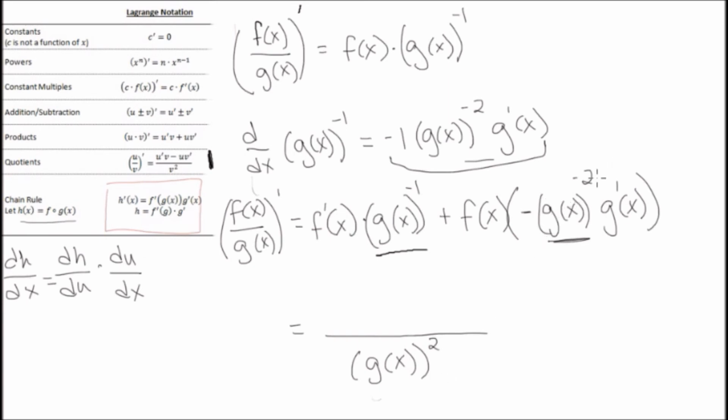Well, on the second term, it just cancels out, and we're left with negative f of x g prime of x. With the first term, I have to multiply this by another g of x. So I get f prime of x times g of x. And notice that if you tried to split it out, you would cancel out one of the g of x's and be left with g of x to the negative 1.